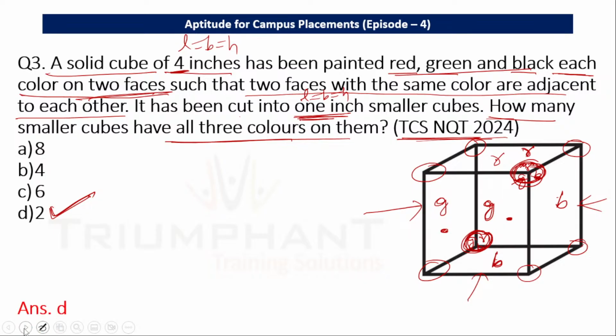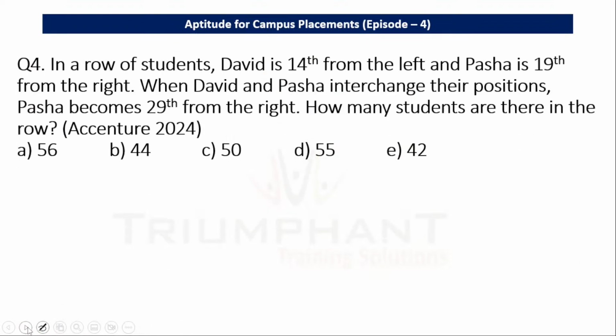Let's move to the next question. Question number 4 in today's discussion. In a row of students, David is 14th from the left and Pasha is 19th from the right.